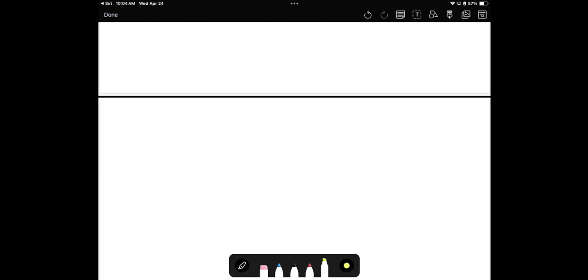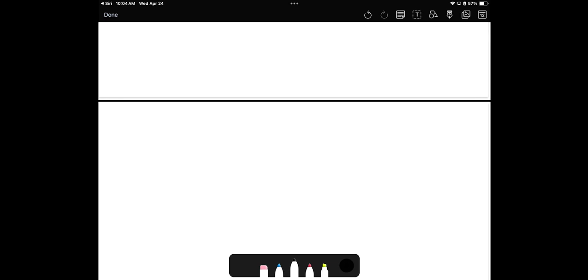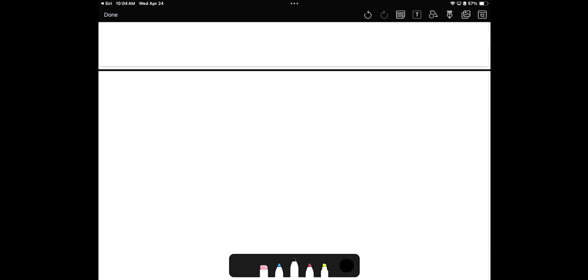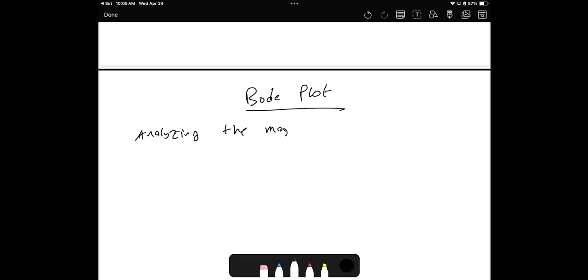Let's start the Bode plots. So, what are Bode plots? What's the importance of this? Basically, in a Bode plot we are analyzing the magnitude and the phase changes by an LTI system in the frequency domain.